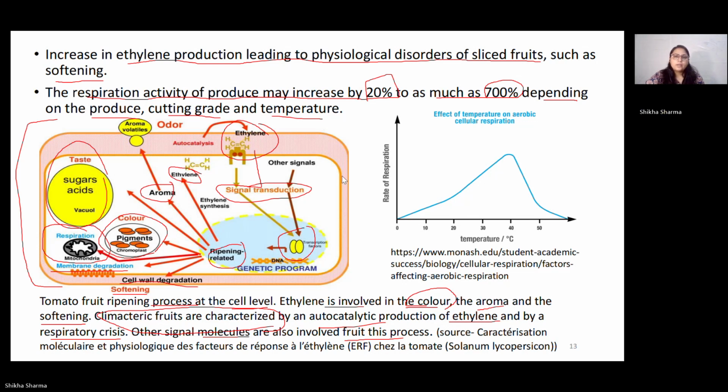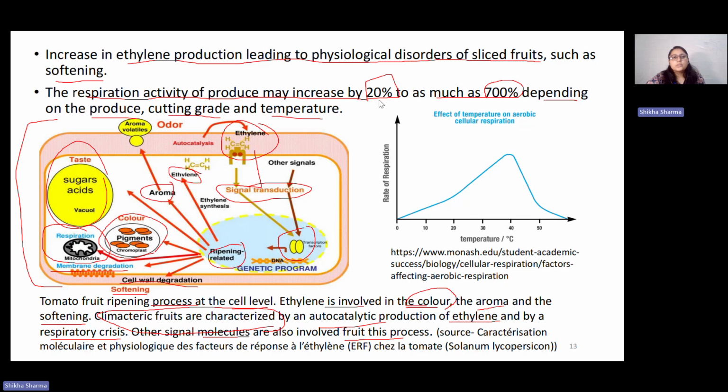Then, as we were discussing, when the ripening-related change is taking place, respiration is also one of the processes. The respiration rate basically tells how much oxygen is consumed and how much CO2 is produced by a cell, like a tomato fruit cell or any fruit or vegetable cell.